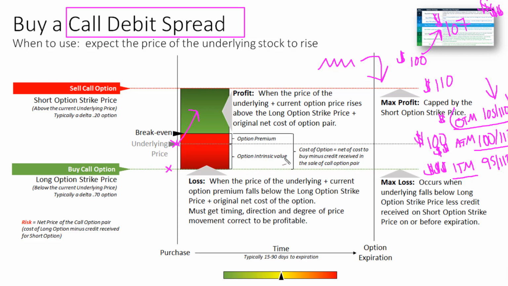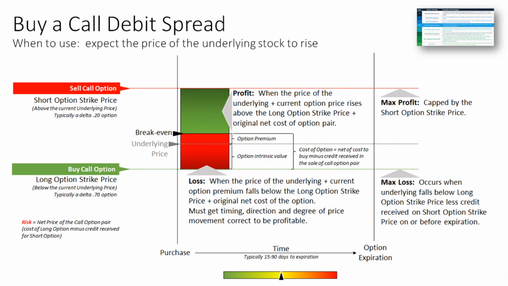So what does break even mean for a debit spread? On a debit spread, you are going to be paying a premium to pay for the spread. So it's going to be different than with a credit spread, where you're going to be selling premium. With a debit spread in particular, let's say the stock again is just trading at $100, and let's say you paid $2 for your spread.